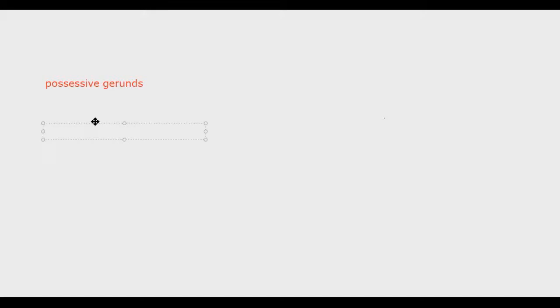So you do add ing to a verb, that's correct. But here, the ing verb functions as a noun. So that's what makes it a gerund. So for example, swimming is my favorite activity. So here we have a gerund, swimming. Here we have an ing verb that's functioning as a noun in the sentence.